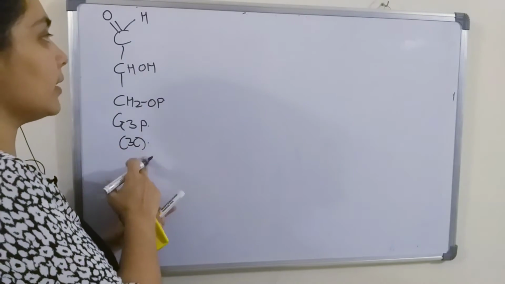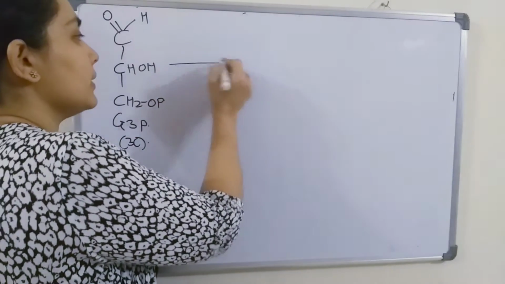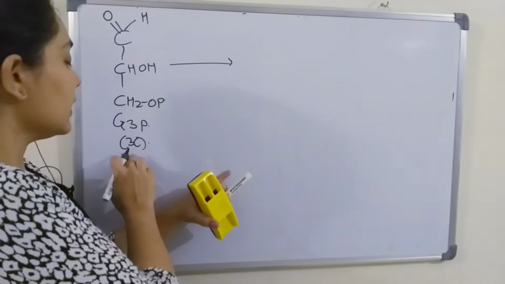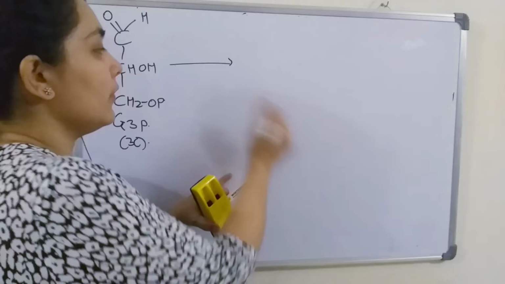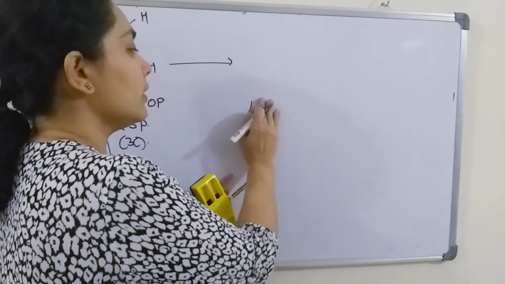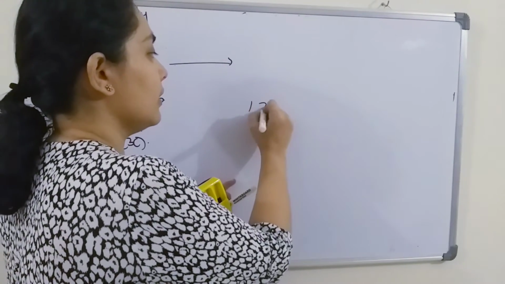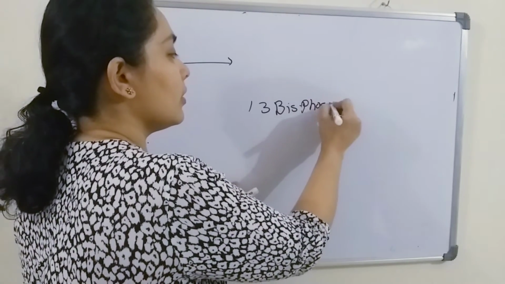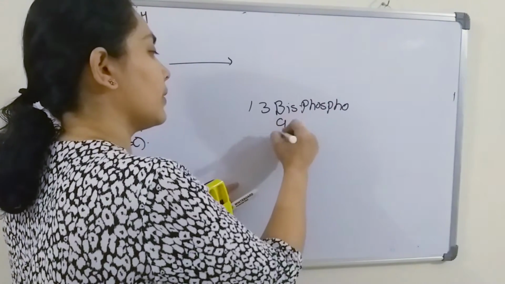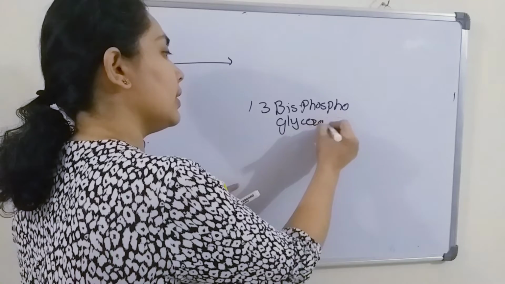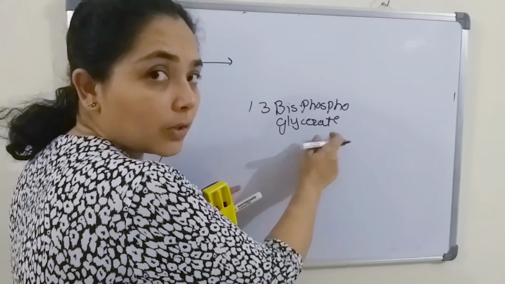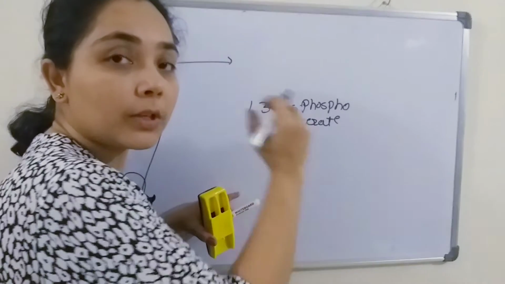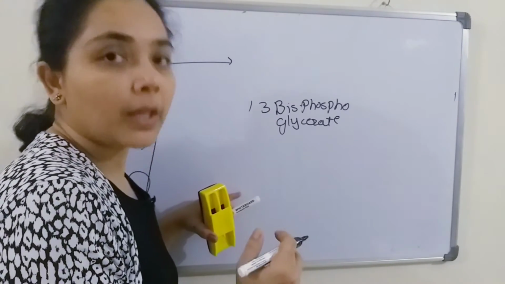So glyceraldehyde 3-phosphate. Now one more important step will come here, where glyceraldehyde 3-phosphate will convert into 1,3-bisphosphoglycerate. This is an acid; this is an aldehyde. So the aldehyde is converted into an acid, therefore it is an oxidation reaction.